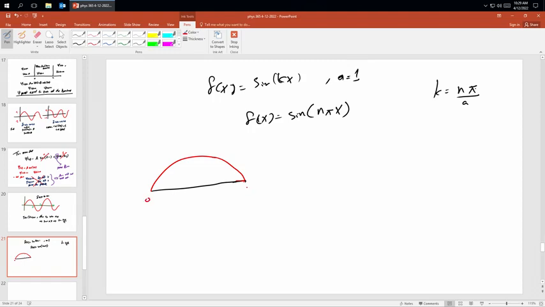This goes from 0 to 1, n equals 1. That means there's your wave function 1, and you get your eigenenergy 1.